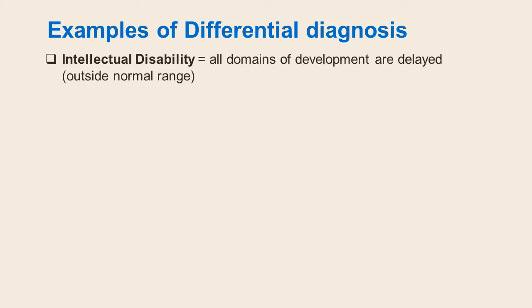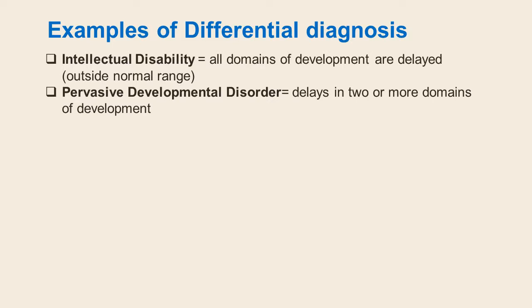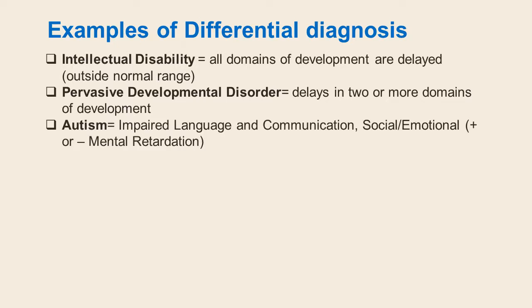Let us see a few examples. See here, intellectual disabilities. All domains of development are delayed or outside the normal range. If you see a typical intellectual disability, you can see the child has a problem in the personal domain, social domain, occupational domain, recreational domain. They have a delay in that functioning. Pervasive developmental disorder, delay in two or more domains of development. It can be personal, it can be social, it can be communication.